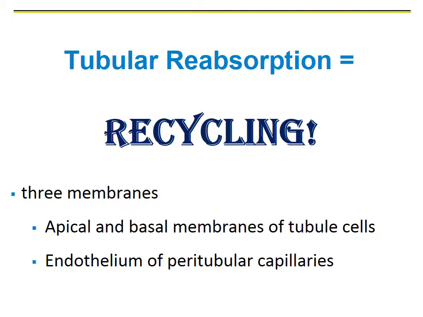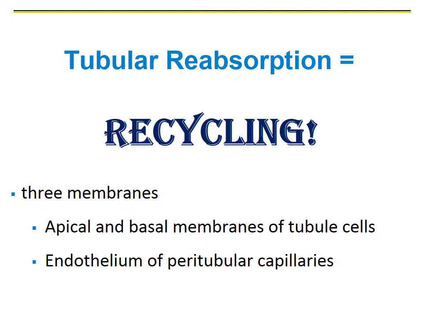Now, that filtrate is going to be processed by the structures of the renal tubule. Reabsorption happens when the simple columnar cells pull something useful out of the filtrate and dump it into the blood inside the peritubular capillaries.